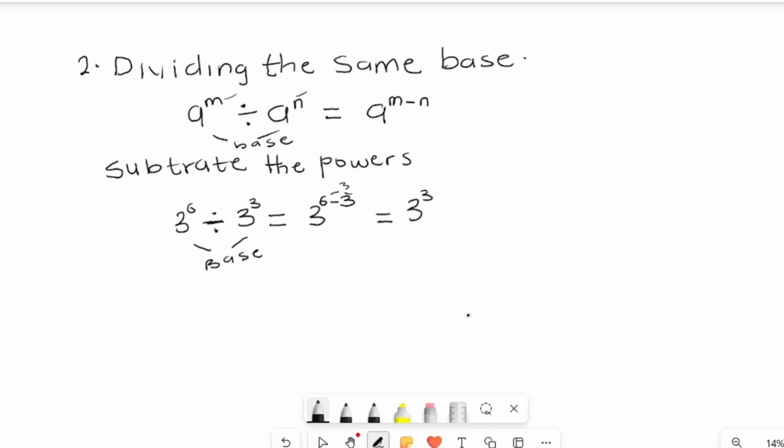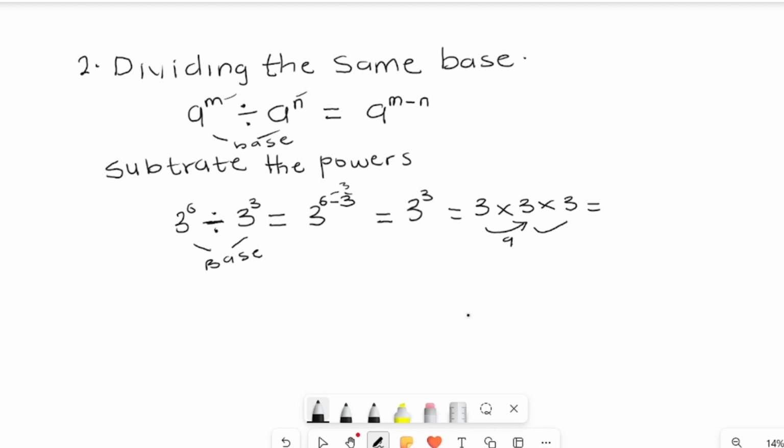If we further break it down, we'll have that 3 raised to power 3 is simply 3 times 3 times 3, which will give us, 3 times 3 is 9.